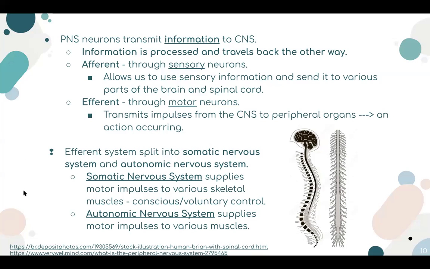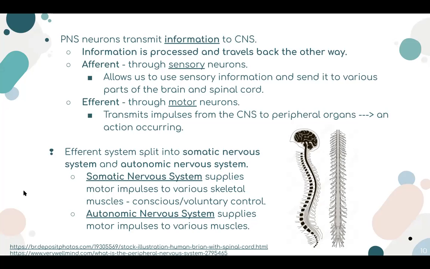This is conducted through two different ways, including afferent, which is through sensory neurons. This allows us to use the sensory information that we receive and send it to various parts of the brain and spinal cord. And then efferent is through motor neurons, which transmit impulses from the CNS to peripheral organs, essentially when an action is occurring.